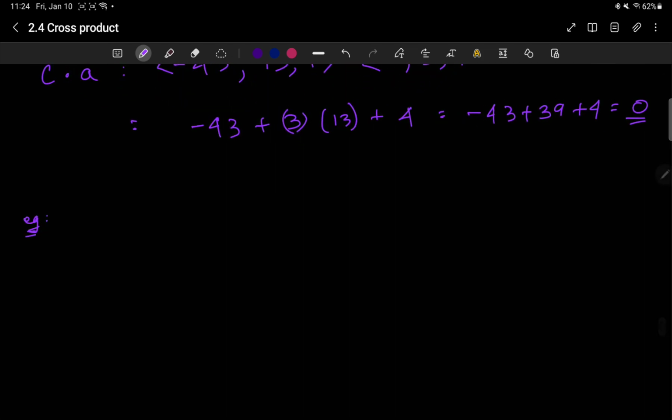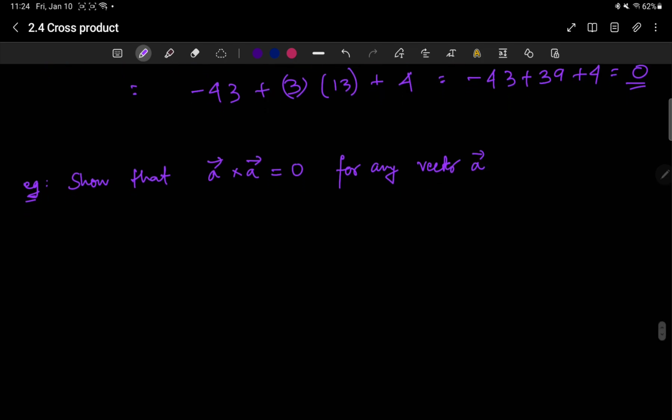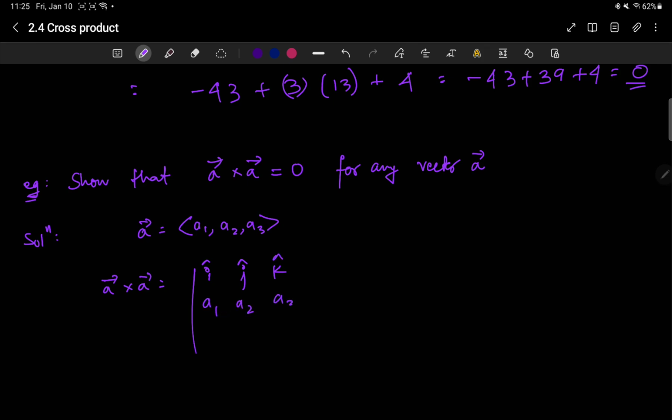Okay, here's another example of a different kind of problem. Show that if you take a vector and you cross it with itself, then it is equal to 0. So what's happening here? Let's call this vector a1, a2, a3. Then in finding a cross a, I have i, j, k, and I have identical entries here.